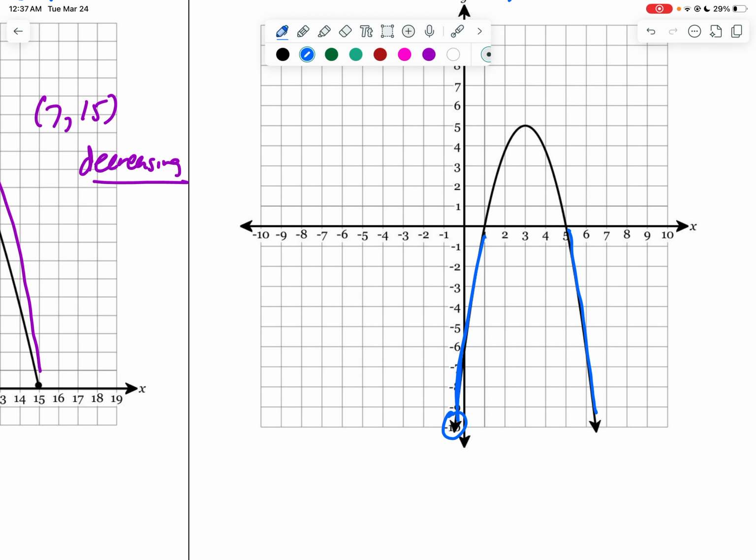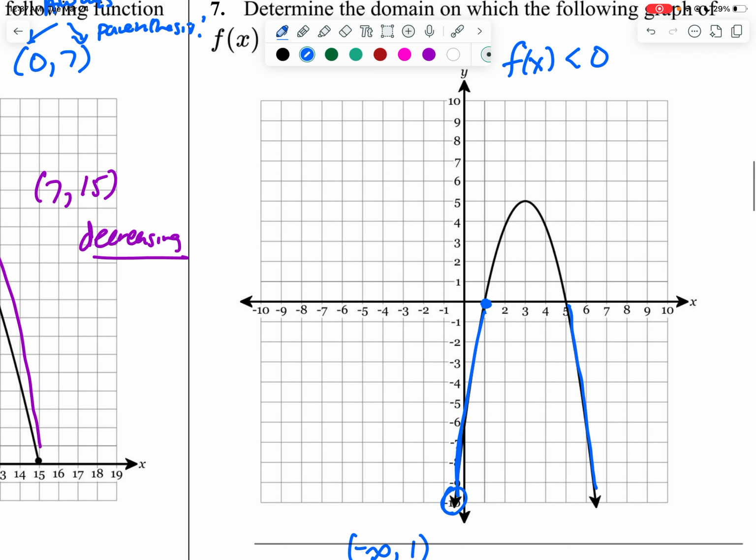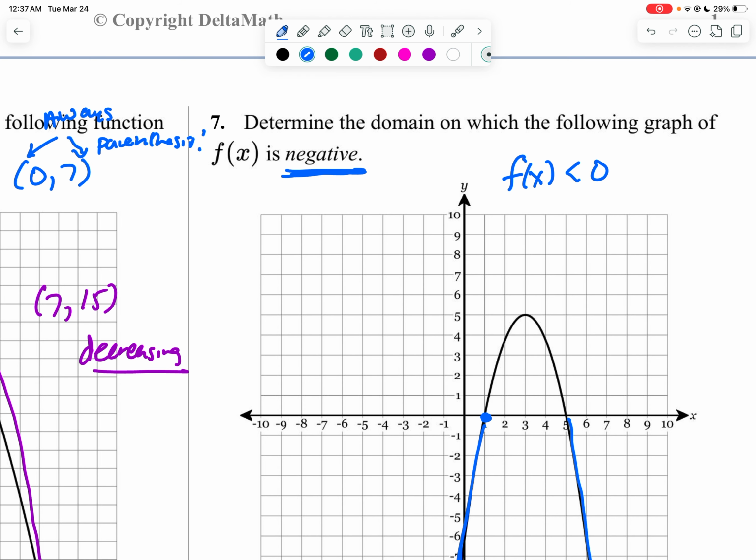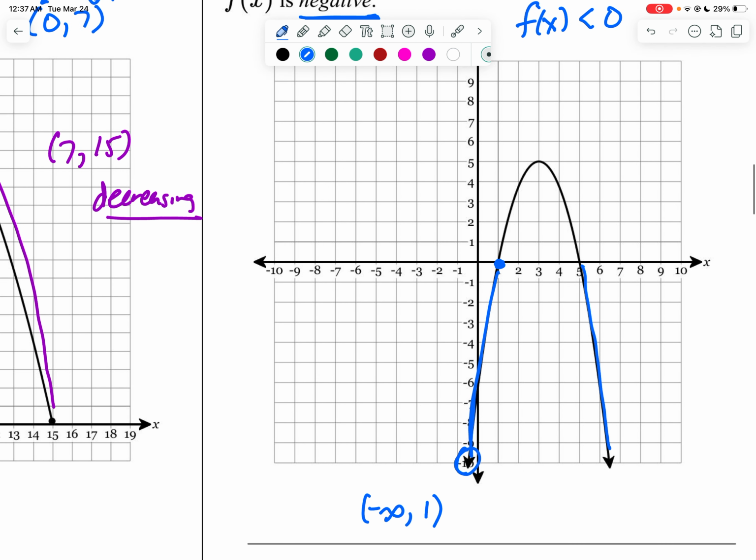Notice how here we start at negative infinity and then we stop at positive 1 right here. And once again, like I said, because I want a negative value, it's strictly less than 0. Since it's strictly less than 0, 0 is not less than 0.